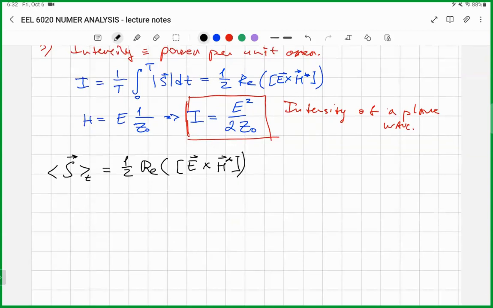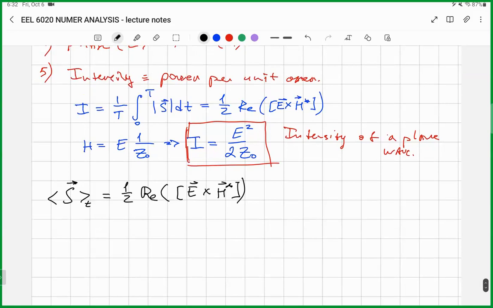Now I want to consider the case that is more general, compared to this result above, which is valid for the plane wave.